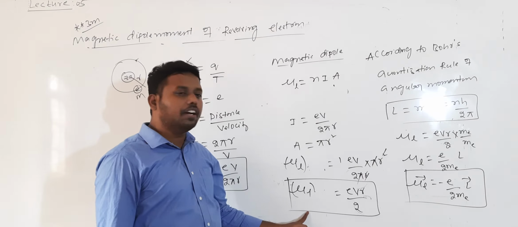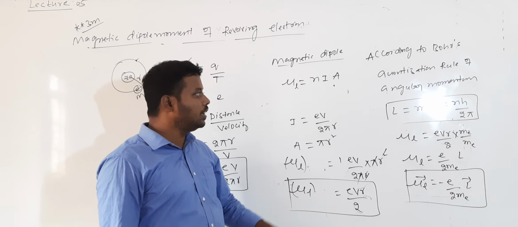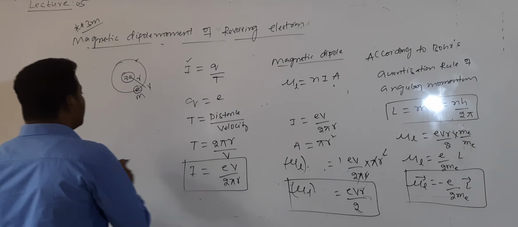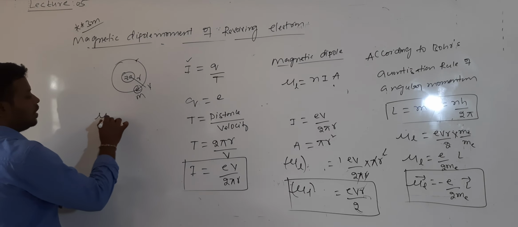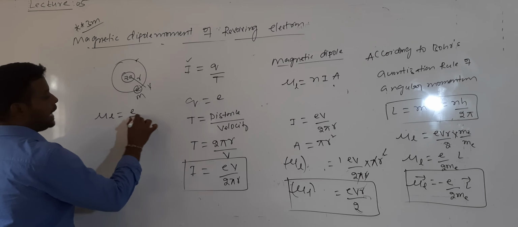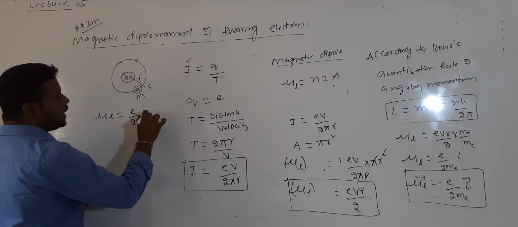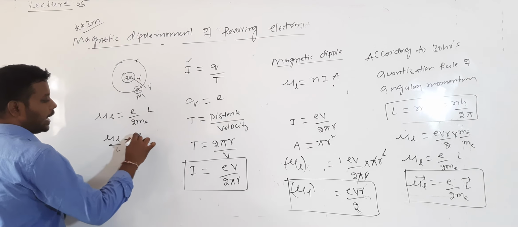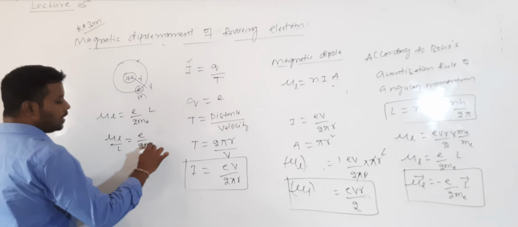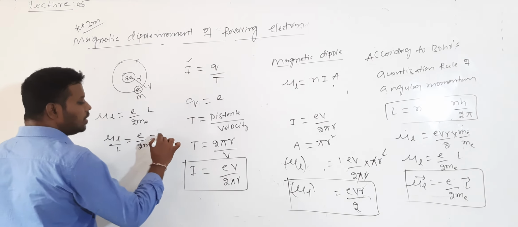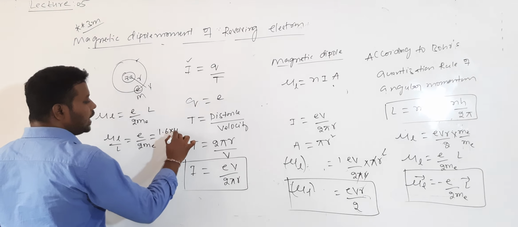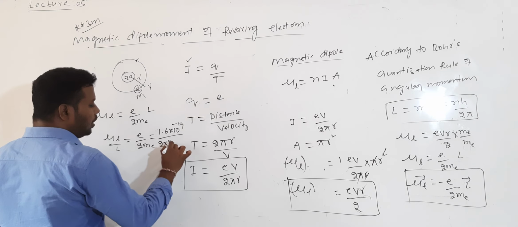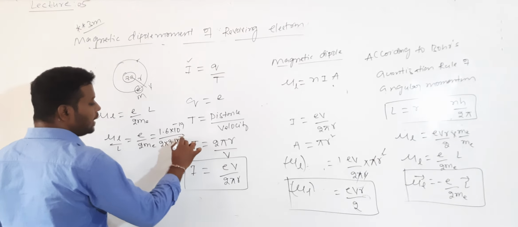Then I calculated the I value, then the mu L value. So finally, what is the value of mu L? Mu L is equal to e divided by 2 Me into L. From this, mu L by L is e by 2 Me, which is 1.6 into 10 to the power of minus 19 by 2 into 9.1 into 10 to the power of minus 31.